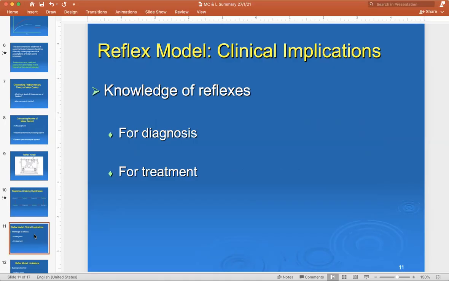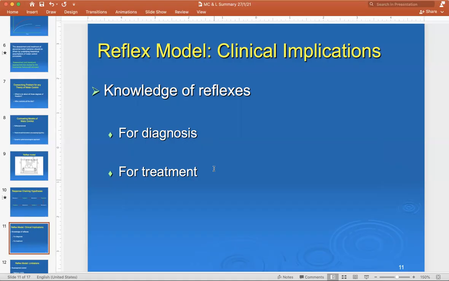All right, so if you believe in this model that we are reflex driven animals, for clinical implications, we better know our reflexes. And there's tons of different reflexes out there, low-level reflexes that can influence our movement. So as clinicians, we test many times, particularly in pediatrics, for example, and also in patients with stroke or spinal cord injury, we test these reflexes for diagnosis and for treatment. So from this perspective, we will try to inhibit inappropriate reflexes that have emerged as a result of a neurological lesion.